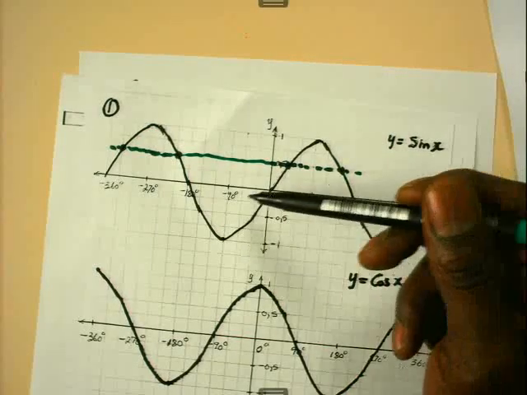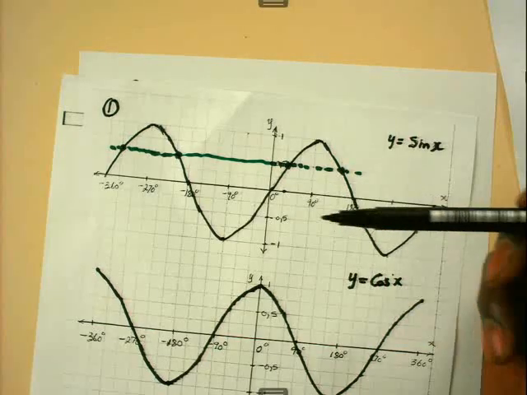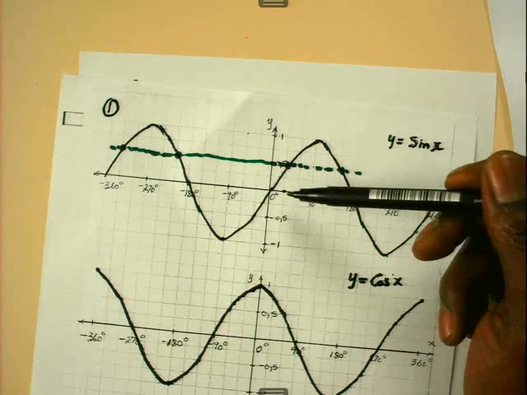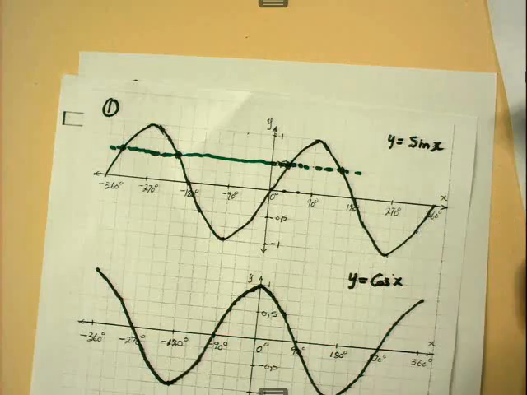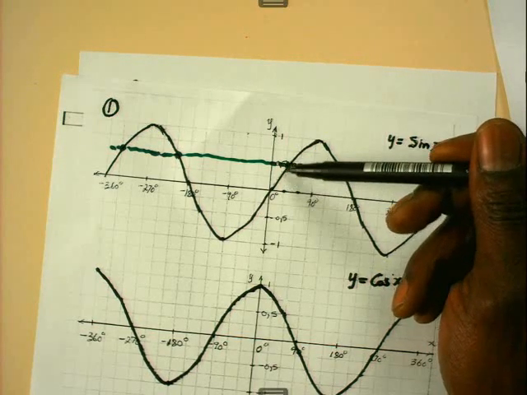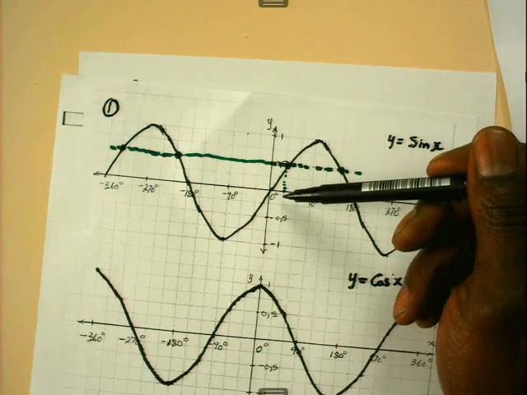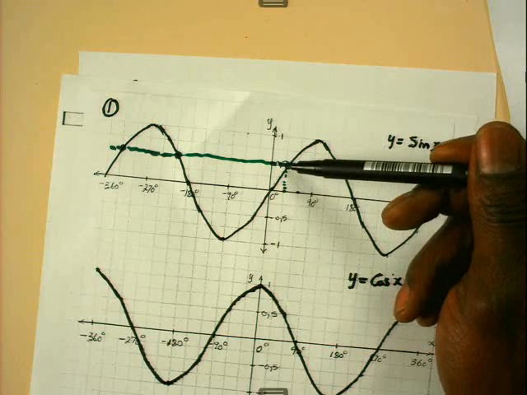I've actually drawn this graph so that I'm having the multiples. I've used the square grid and I've used the multiples of 30 degrees. And obviously, if I look at this, 30 degrees is going to be one of the solutions because we want to solve x where y is 0,5.